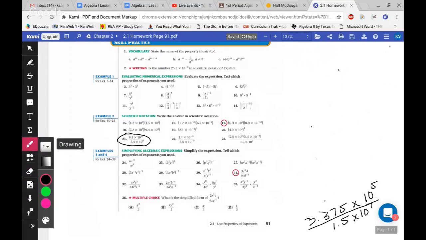I'm going to separate the 3.375 and 1.5, and then put this over here.